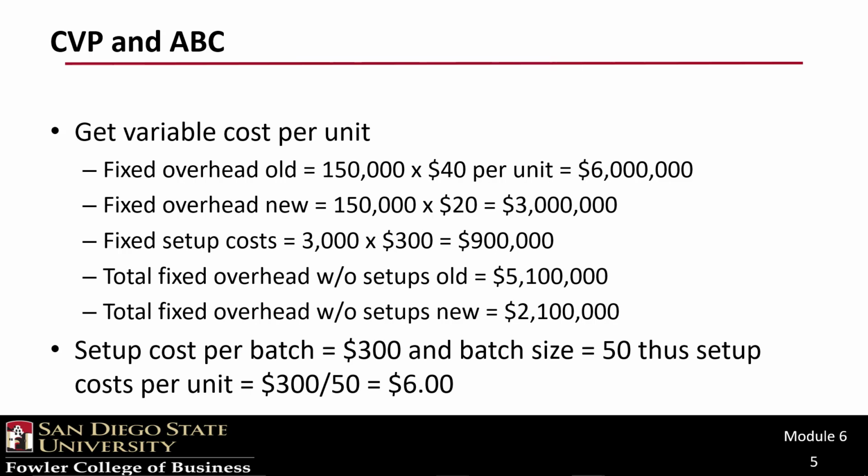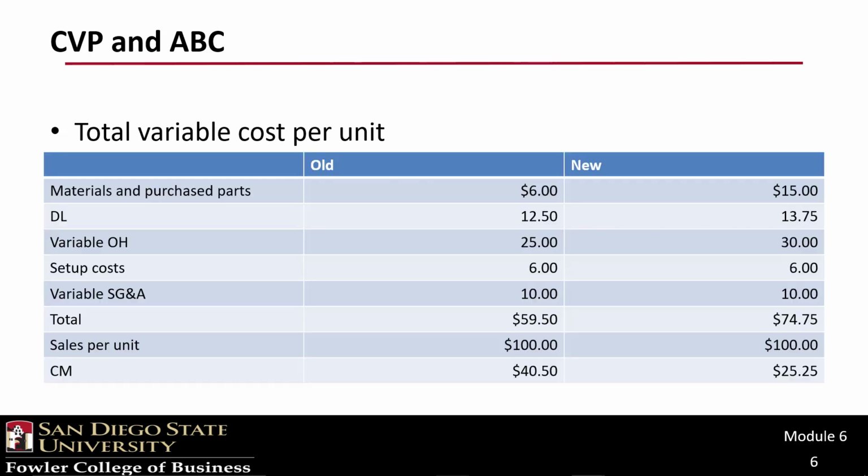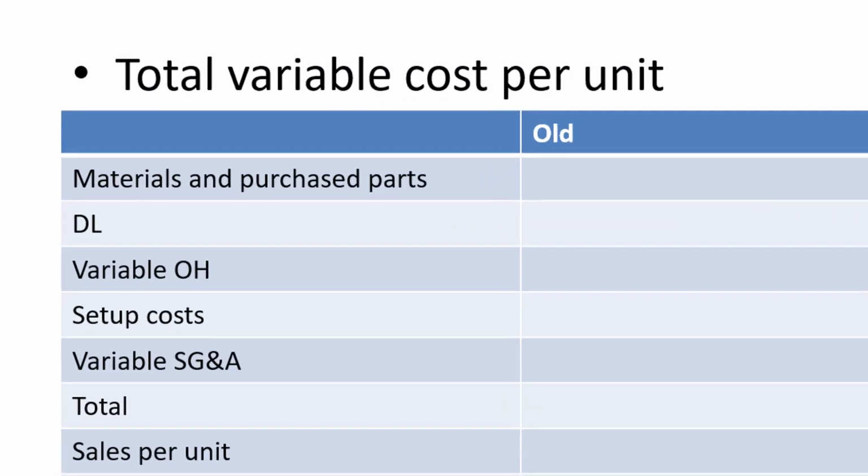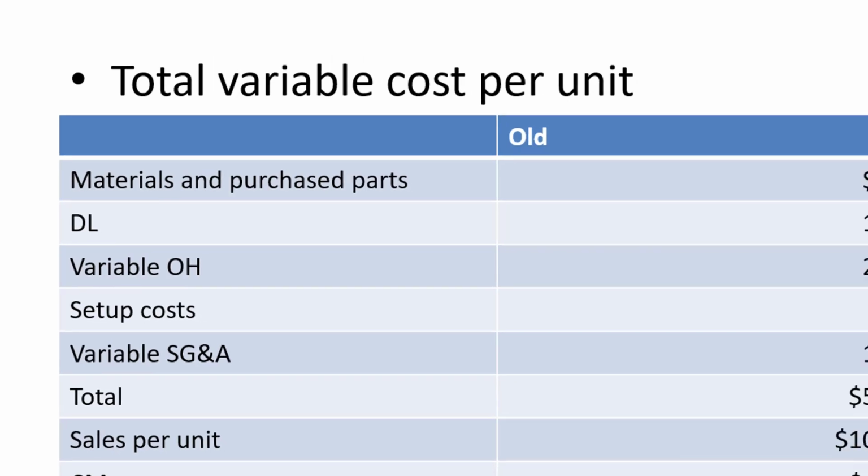So the setup cost per batch equals $300. The batch size equals 50. Thus setup cost per unit is 300 divided by 50, or $6 per unit. Okay, now we have the total variable cost per unit. So that is for the old and new systems, the materials and purchase parts, direct labor, variable overhead, and setup costs.